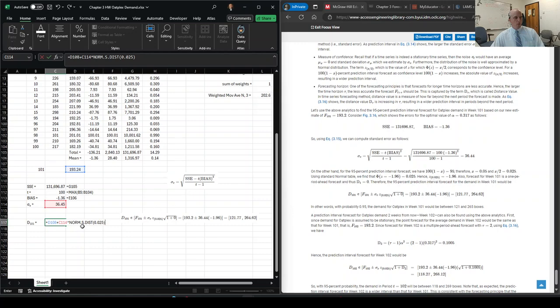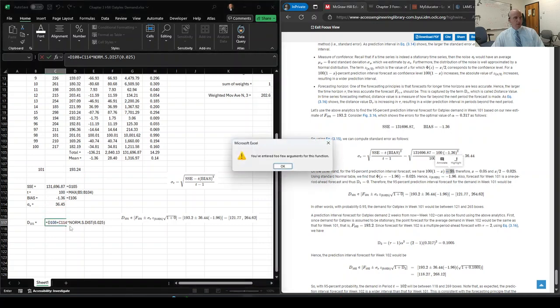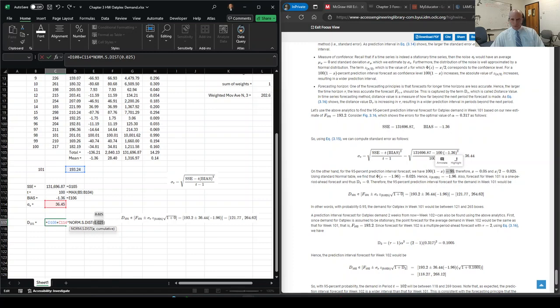And that's going to be this NORM.S.DIST function. And that's going to give us the opportunity to say, okay, that's where we get this negative 1.96 from the 0.025, which comes from this 95% probability. So when I execute this, oh, sorry, wrong one. It's NORM.S.INV. My apologies. NORM.S.INV.